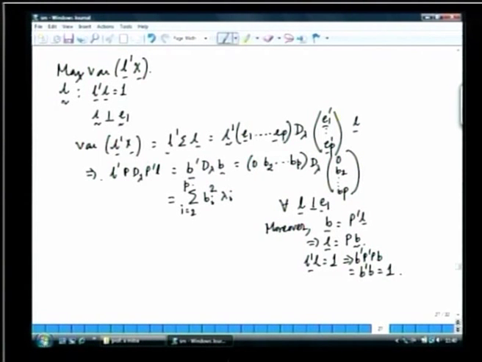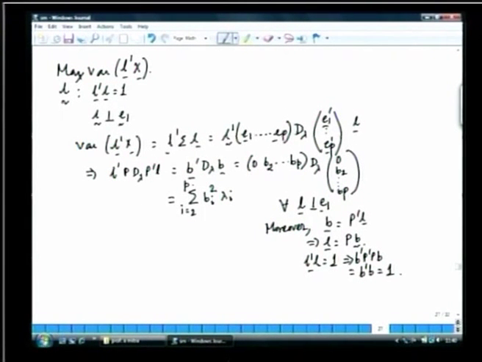Now, again I have to consider its maximum with the fact that B prime B is equal to 1, because one condition I have already incorporated while I got the form, this summation b_i square lambda i. I have already incorporated the condition that L is orthogonal to E1. I have got yet one more condition to be satisfied, that is B transpose B is equal to 1.